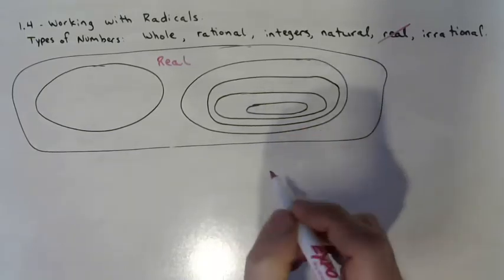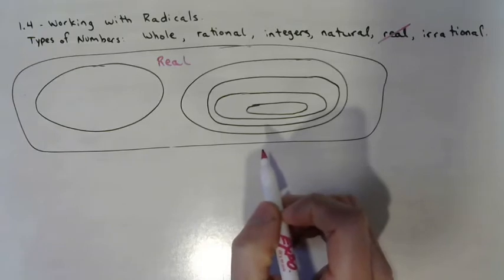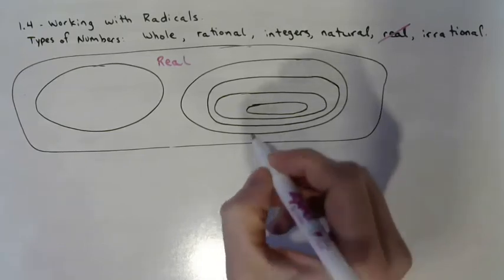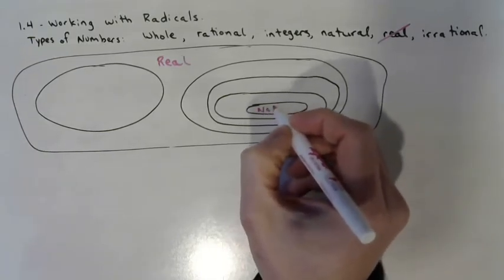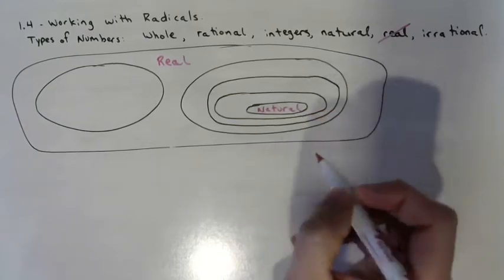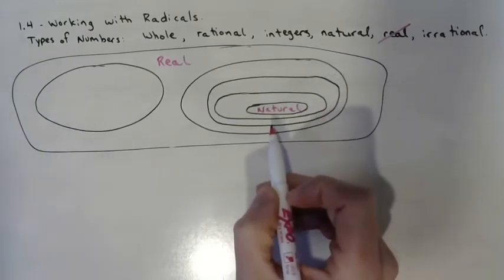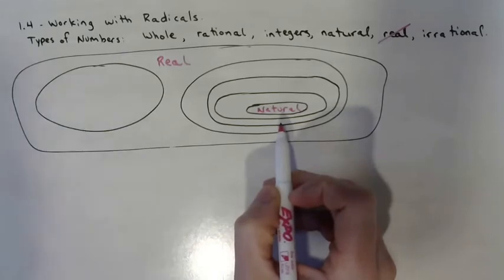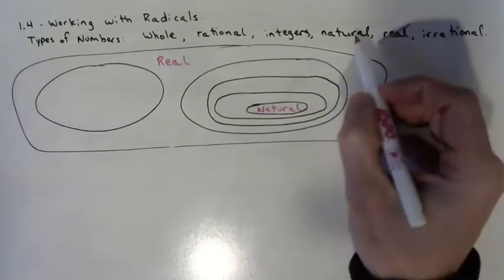But at any rate, the smallest set of numbers are the natural numbers. Natural numbers are the ones we count with: 1, 2, 3, 4, 5, 6. They're whole numbers and they're positive numbers.